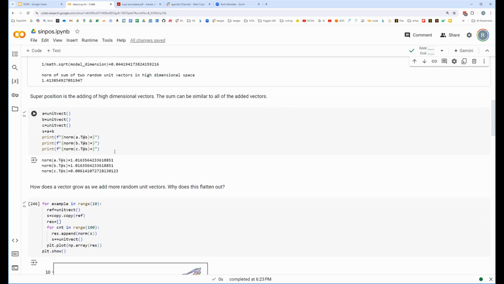Julius, you had an equation I remember somewhere about how many vectors you can record in a d-dimensional space. Originally, I think you said it was d, but because it was the sum of them, it's less than d. It was the square root of d or something like that. Yeah, it just depends on where you draw the line.